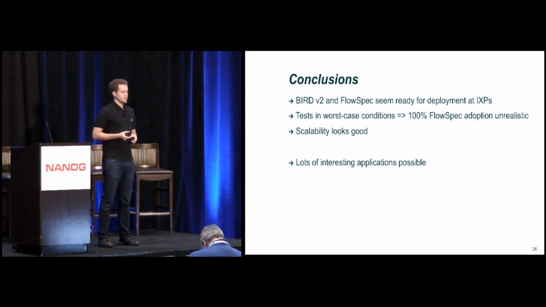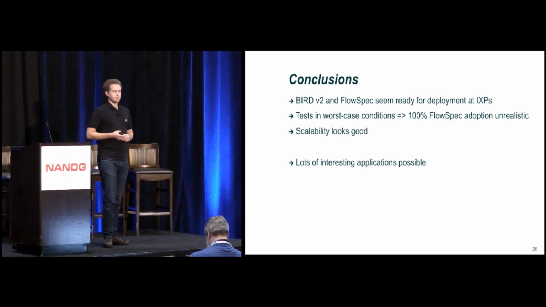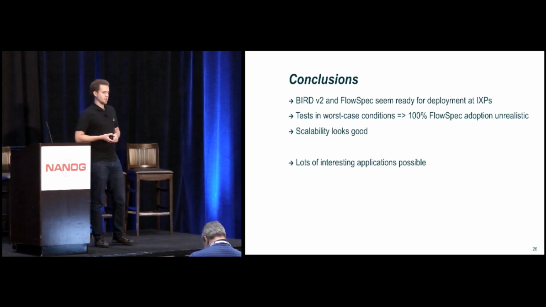Obviously, it's unrealistic to assume that all of your peers are Flowspec enabled, so my test scenario was just to configure every peer Flowspec enabled and test it. And scalability looks quite good. We're happy with what we're seeing, and there may be lots of interesting applications possible.